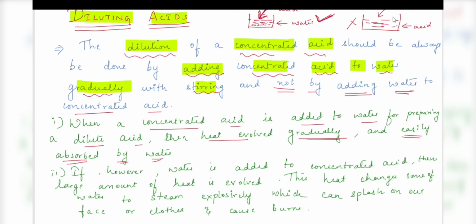Because a large amount of heat is evolved, this heat will convert some of the water into steam, and the steam may splash onto clothes or hands and cause burns. So never add water to the acid, because it's a highly exothermic reaction and a large amount of heat is evolved, and this heat will change the water you're pouring into steam immediately, which causes an explosion.